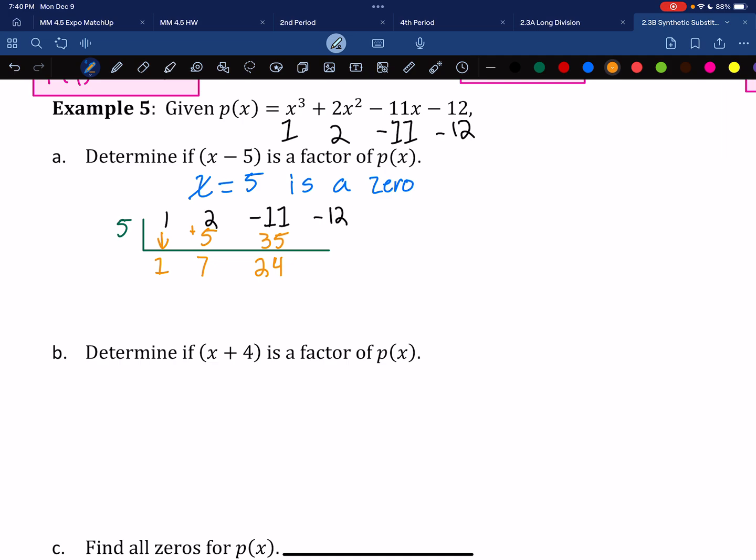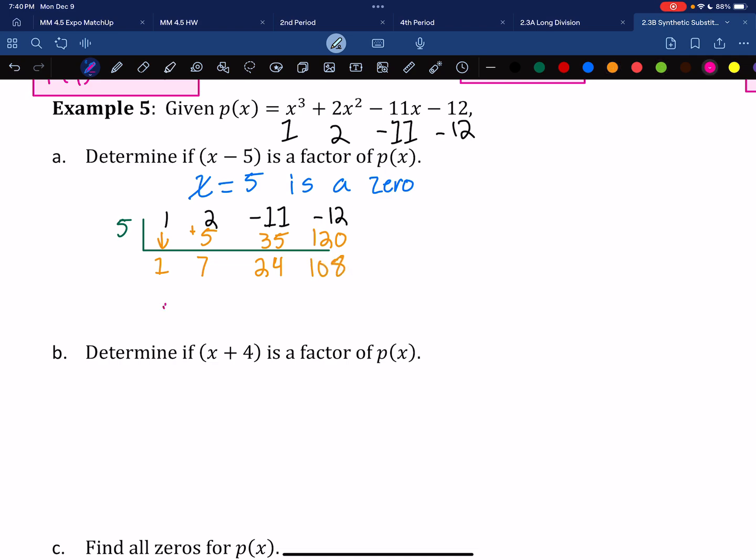Okay, I'm not doing that in my head. I'm using the calculator. You need to use the calculator too. Don't mess up because you're trying to do it in your head. Negative 11 plus 35 is positive 24. And then 5 times 24 is 120. Negative 12 plus 120 gives me 108.